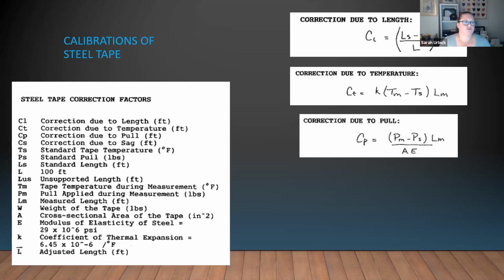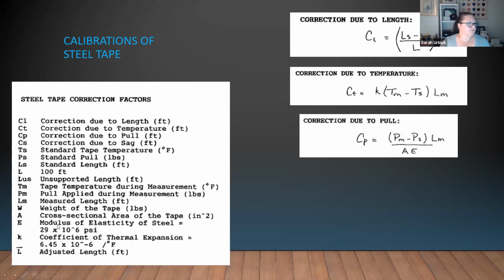Due to pull, we have the cross-sectional area of the tape. Not real big. It's pretty little, okay? But we're dividing by that, so that could get kind of big. How hard are we pulling? Is the pulling going to change our length?